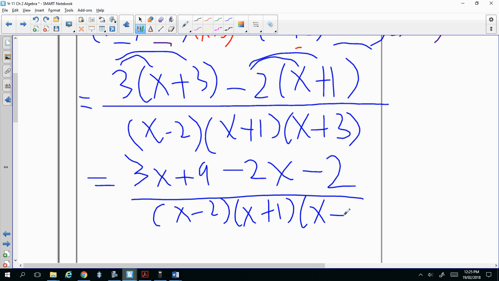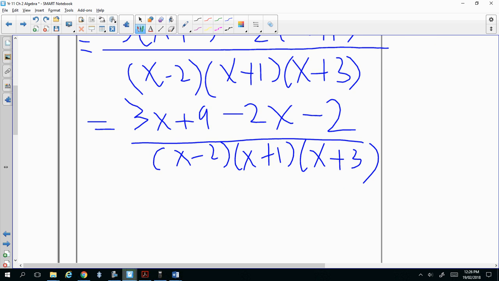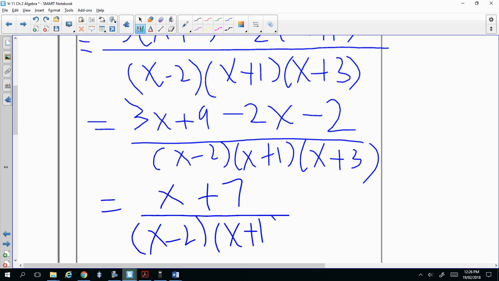And you collect like terms, which you will get x plus 7. Alright, that's done. I'll just make it slightly bigger, like this.